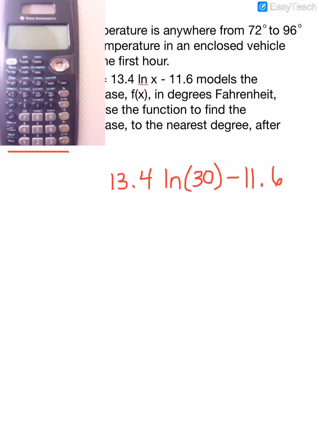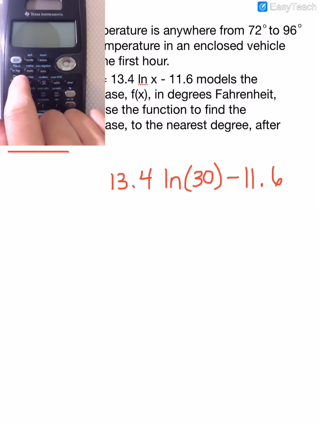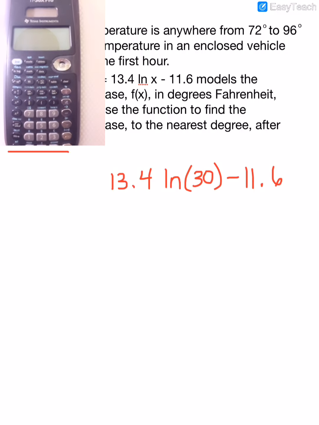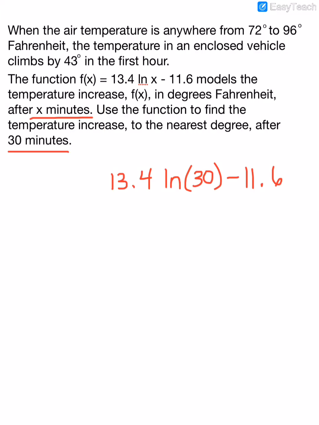And on the TI-36X Pro, remember it's the same button as the logarithmic button, so this time you would just press it one time and you would get to the natural log. So for either calculator, if you plug that in, you should get 33.97. They want it to the nearest degree, so that would round to 34 degrees for your answer.